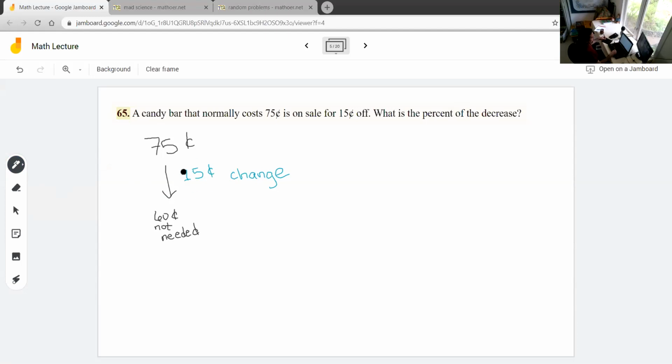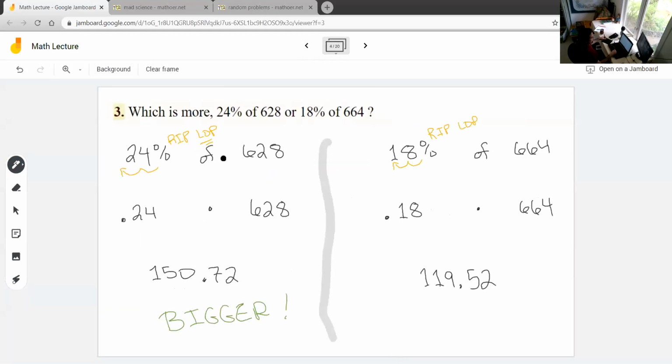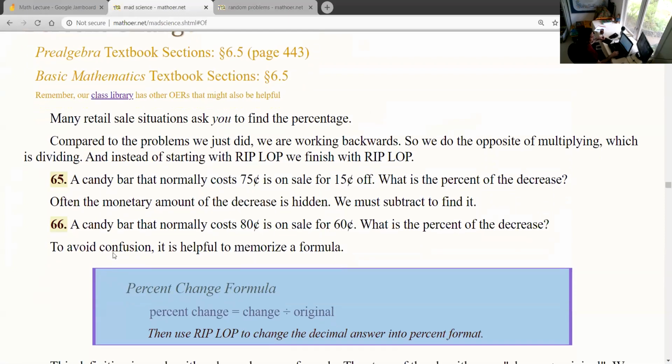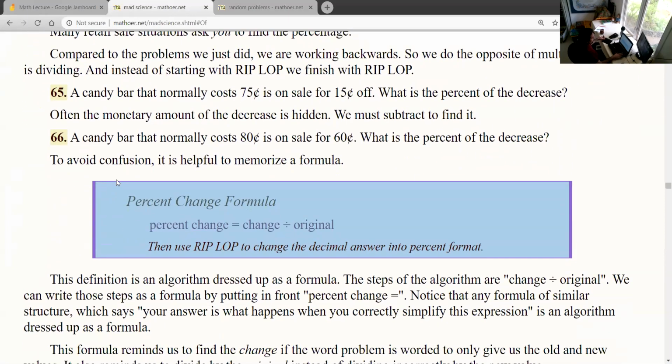We want to take the 15 out of 75 and make it into a percent. So we're doing the opposite thing. If in one direction we multiply, it shouldn't be surprising that in the other direction we divide. So our percent change formula was change divided by original.